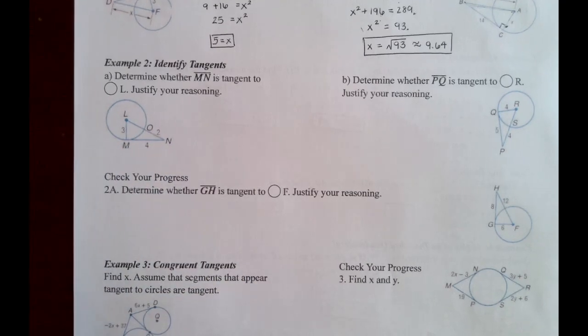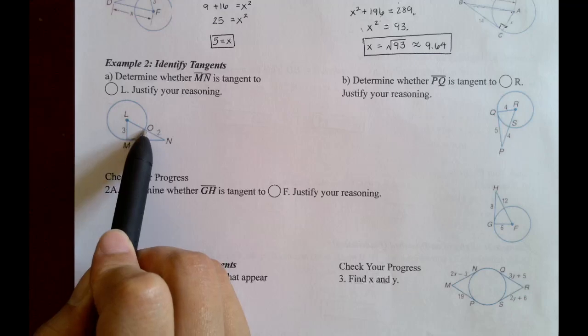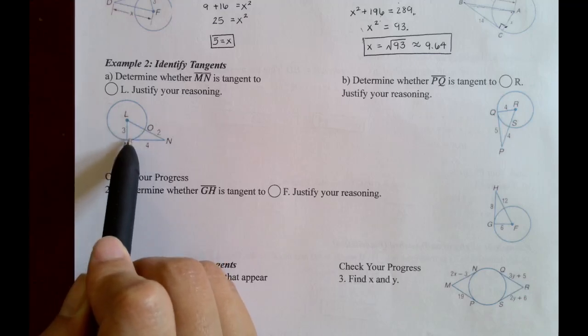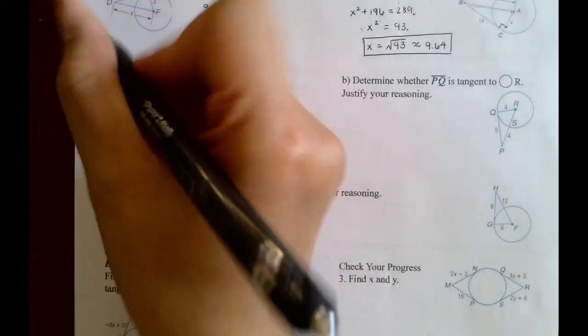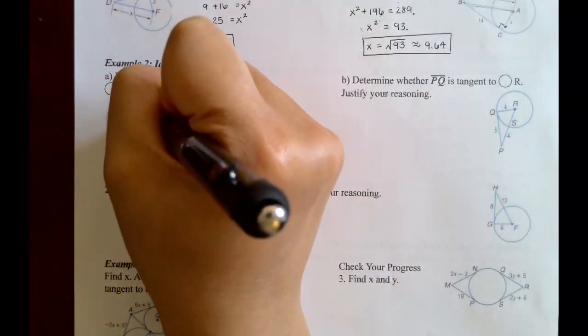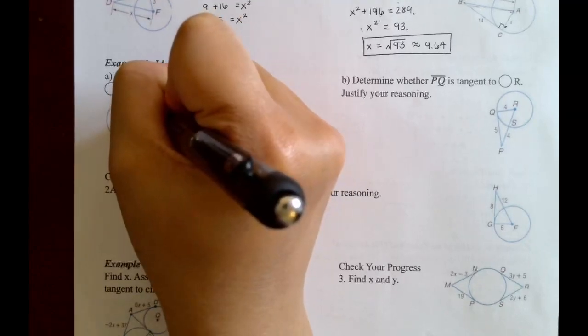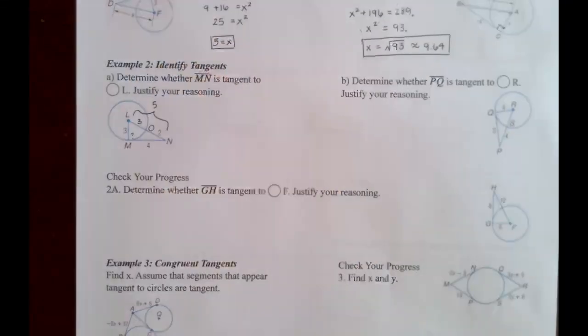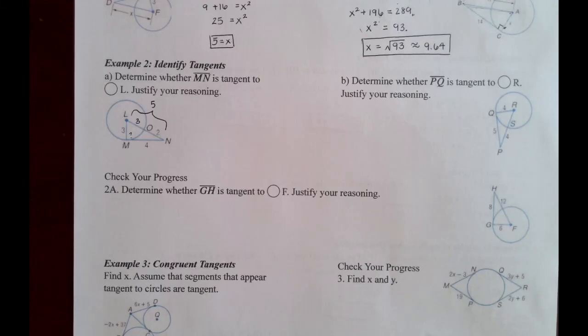Well, you should recognize that LO here is a radius. So if LM is also a radius, it should be the same. So this should be 3, which would make this a total of 5. And we're here to see, is this a right angle? Because if it is, it would be tangent.